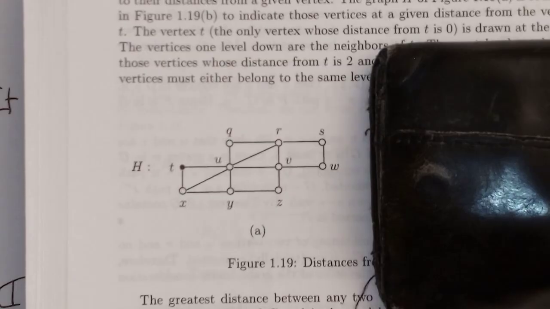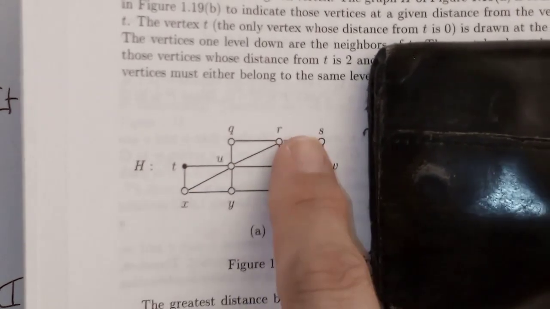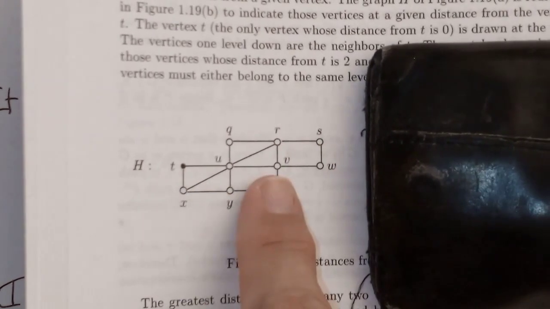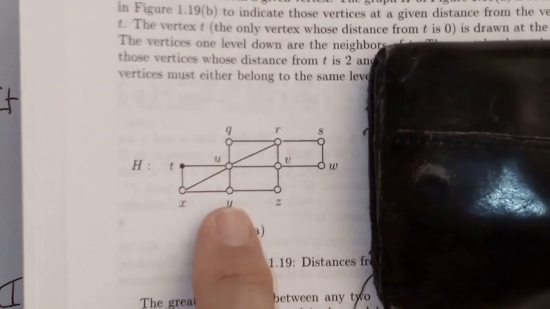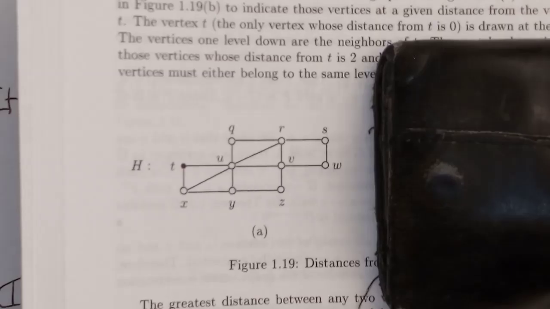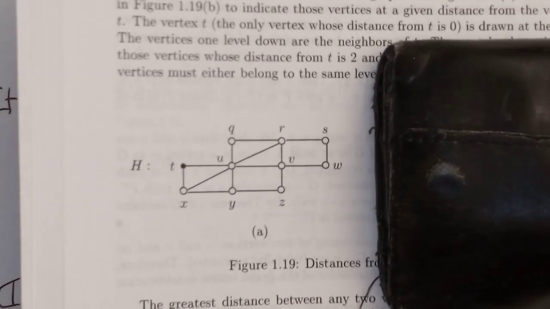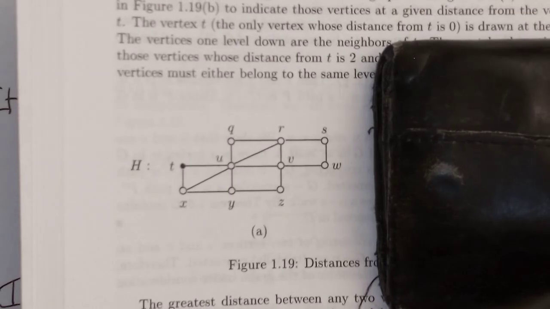But wait, there's more. Q, R, V, and Y are all distance 2 away. But what about Z and S and W? They're all distance 3, aren't they?